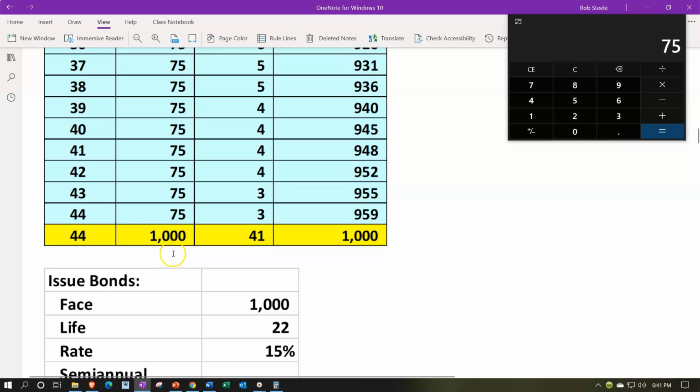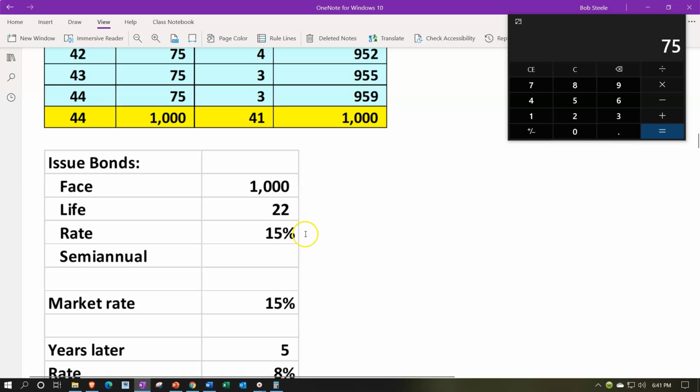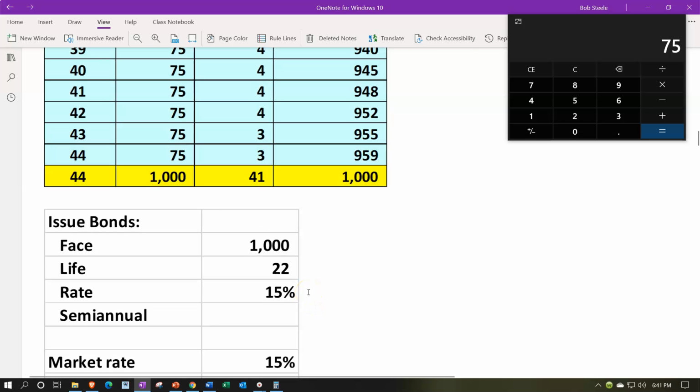This is the 1,000 that we're present valuing, which is 41, which added to the annuity gets us to the 1,000, which is what we expected given the fact that the rate on the bond equals 15%, the rate on the market 15%. So it's not as intuitive when you think about the calculations that will be the case, but that's what we expect to be happening if we got this correct due to these two rates being the same.